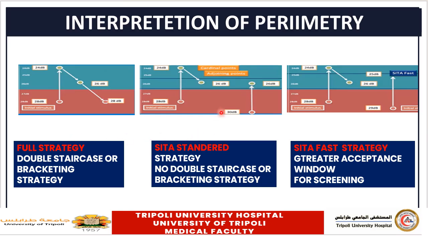However, in SITA Standard, we depend mainly on the 4 cardinal points without the extra 6 points. And we have a confidence interval or acceptance interval, as presumed by the statistical method of the machine. In SITA Fast, the confidence or acceptance interval is wider than in SITA Standard.